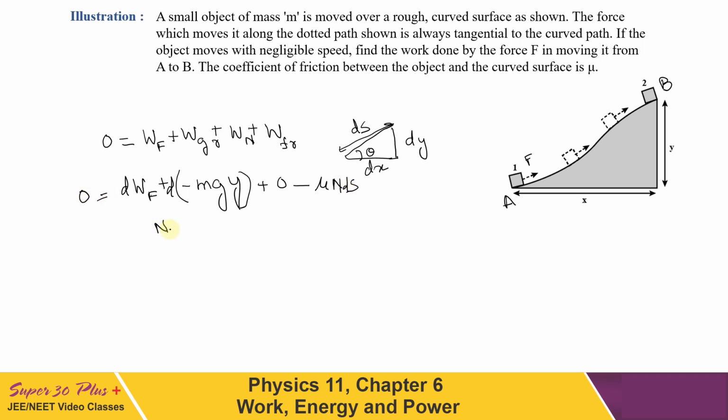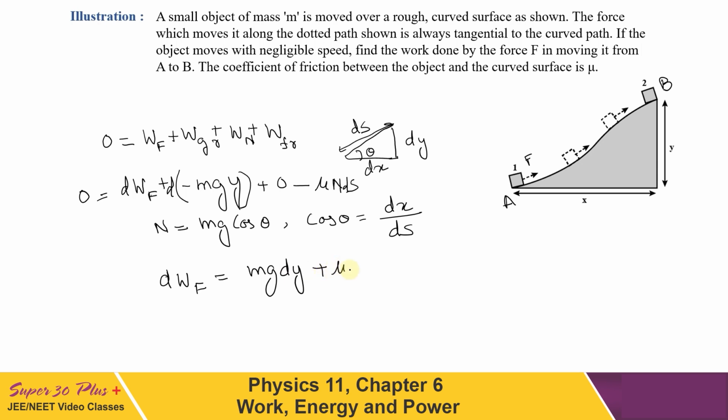What is the value of n? It has to be equal to mg cos theta, and cos theta can be written as dx upon ds. So if we substitute these values, we can write the differential work done by F to be equal to mg dy plus mu mg dx.